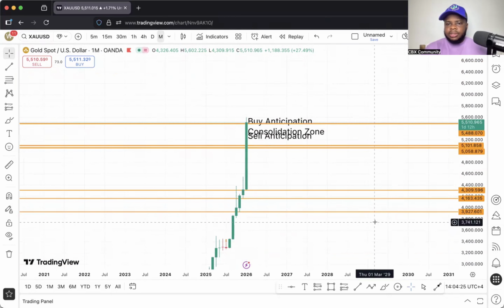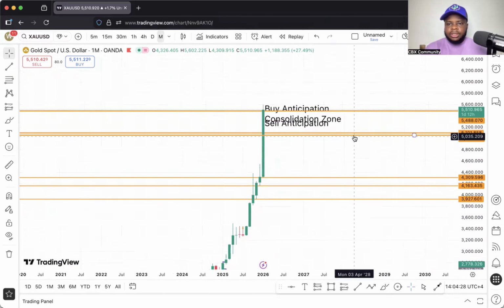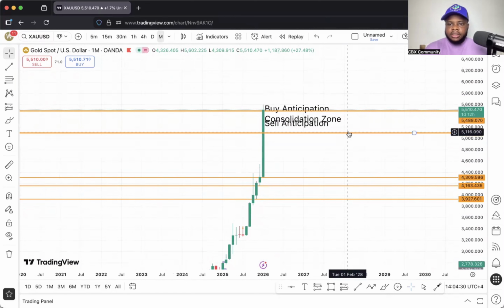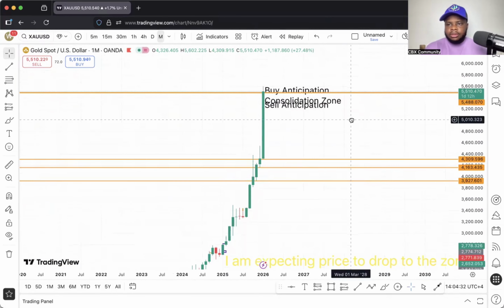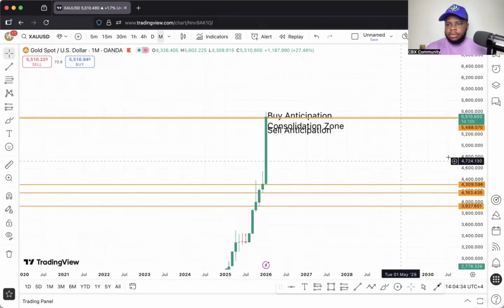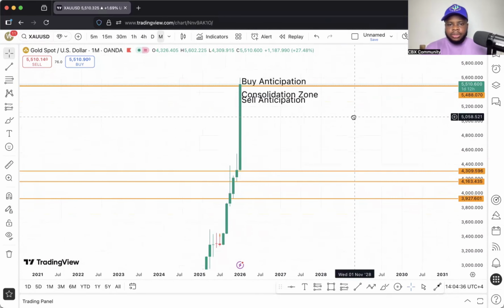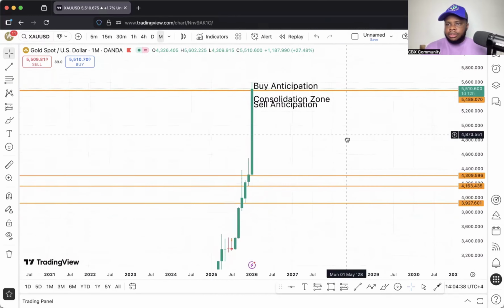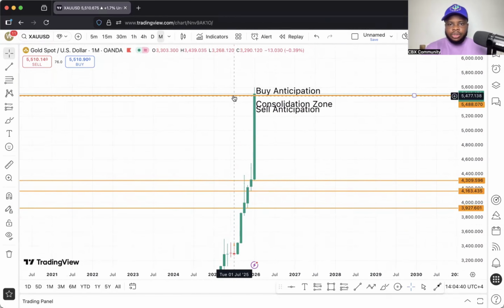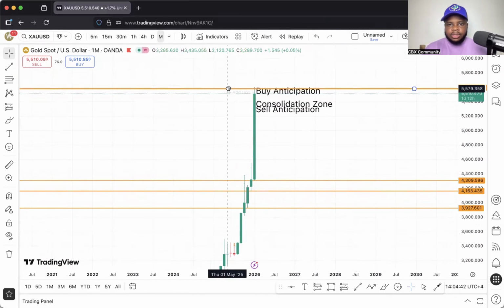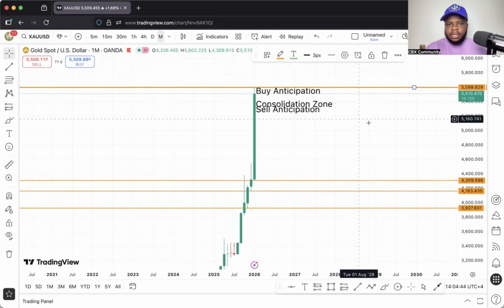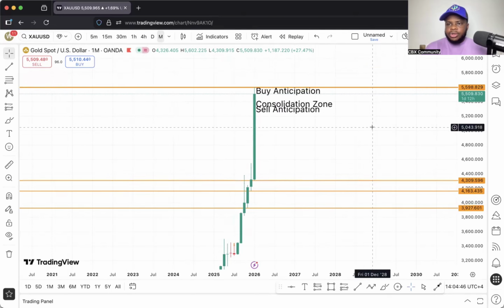The month market structure, we are in an uptrend. Let's delete this line. Let's zoom the chart a little bit. So gold has created a new all-time high. Let's adjust this line to the new all-time high. So the new all-time high on gold is 5598.82.